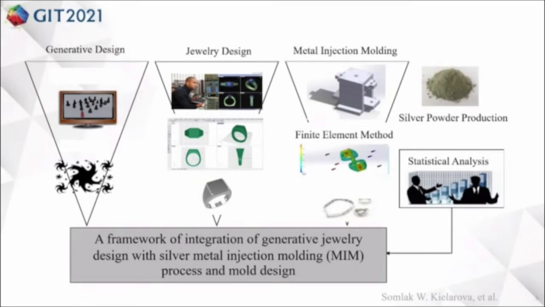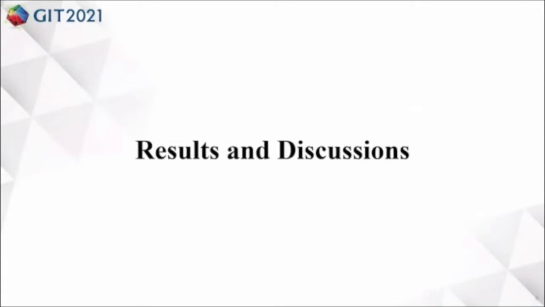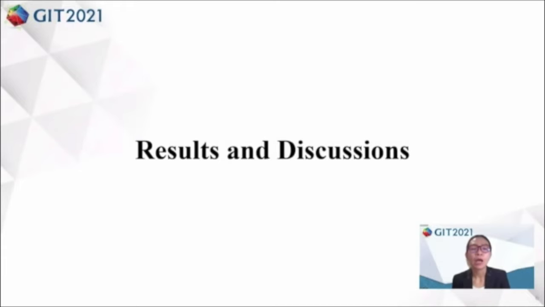We integrate all these theories in a single framework, from generative design through the silver metal injection molding process and mold design. From this methodology, we spent around 1 year, and the results are shown in the next part.